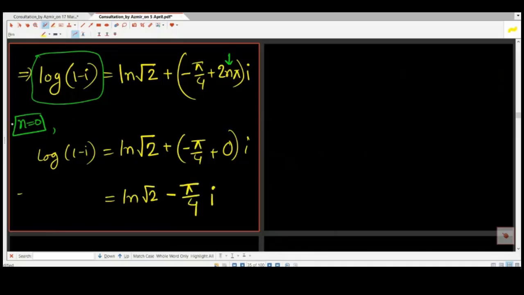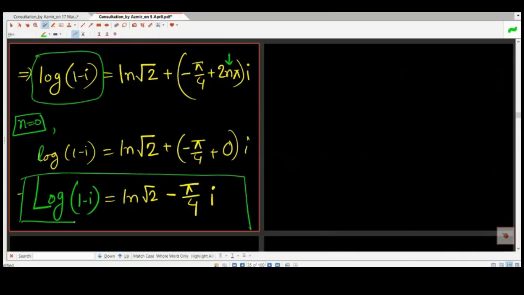Since we have plugged in n equals 0, this time we can write small l as capital L. So this is the principal value. This is known as the principal branch also.